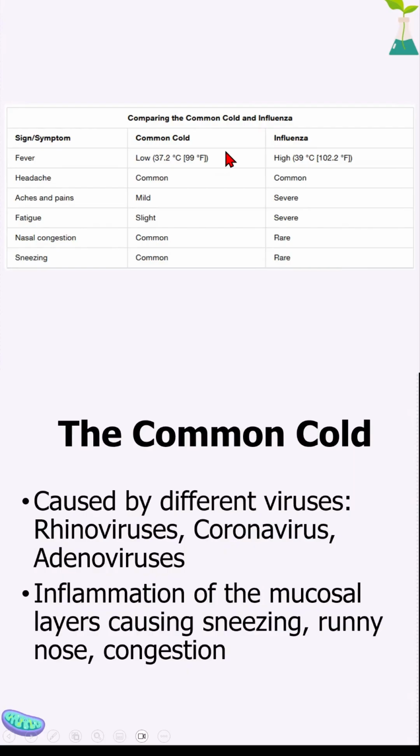So as you can tell, with the common cold, we have a lower grade fever. And then the main differences is that you don't really have your aches and pains too much, or fatigue, but you're going to have lots of sneezing, lots of nasal congestion. Whereas with influenza, that might not be true.